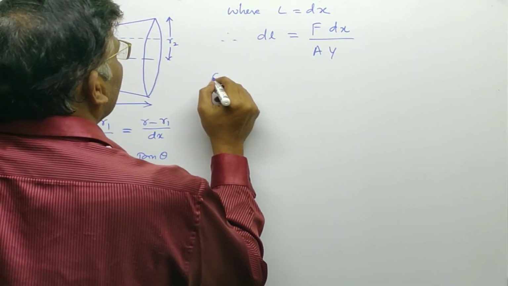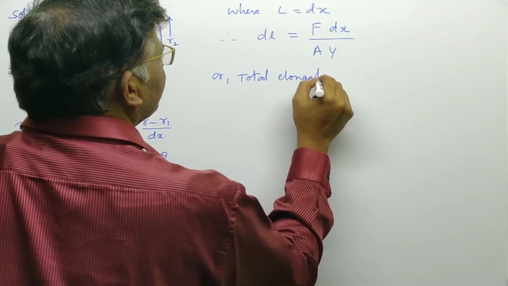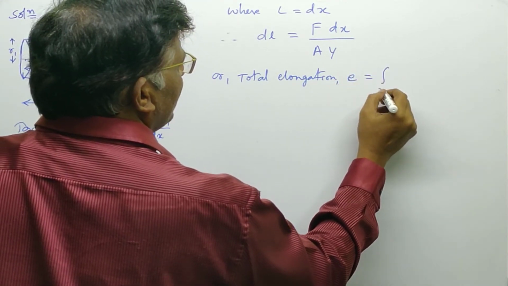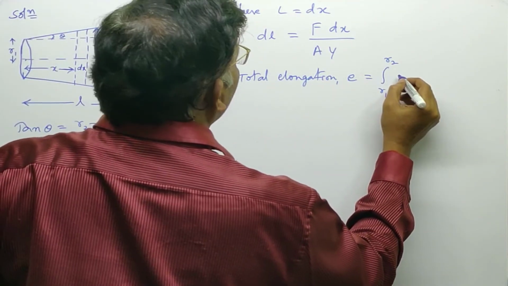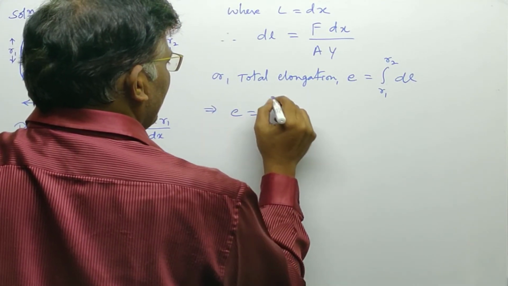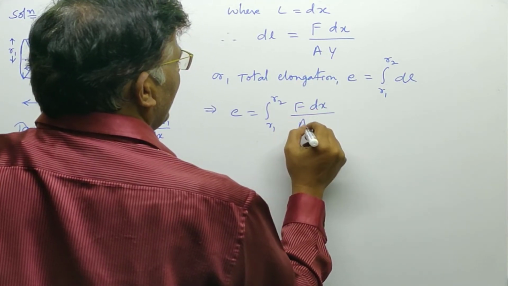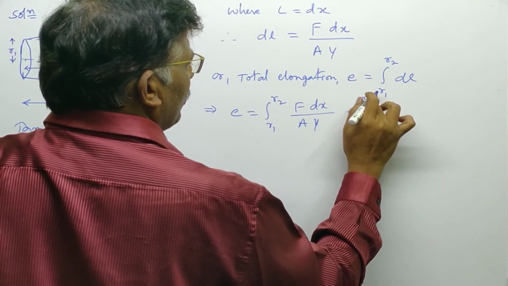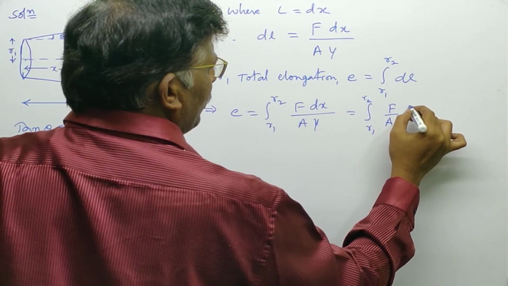Total elongation E can be written as the integral from R1 to R2, left end to right end, of dl. That implies E is equal to the integral R1 to R2 of F into dx by A into Y, or the integral R1 to R2 of F by AY into dx.